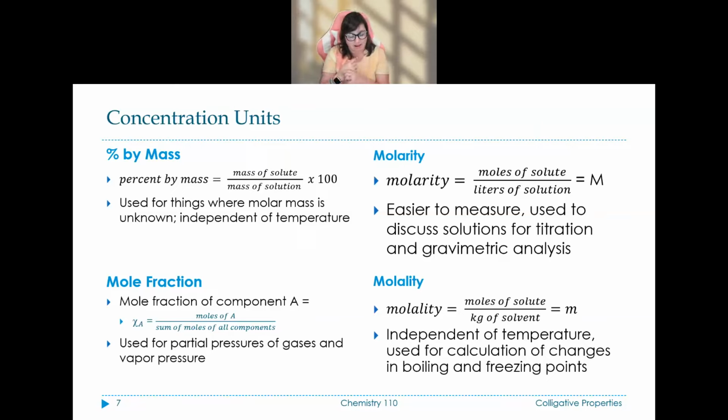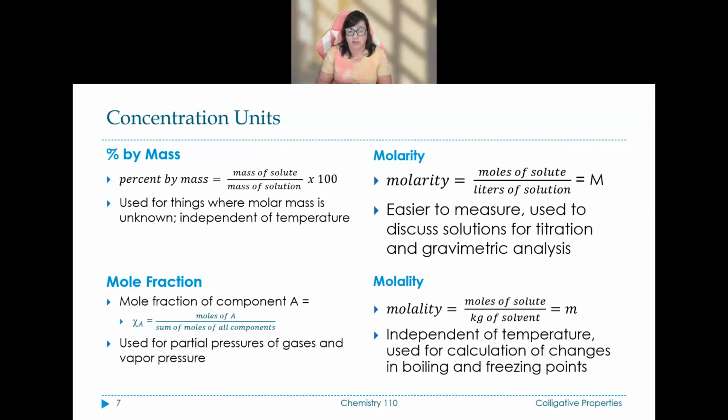It's symbolized by chi, and chi A is the mole fraction for A. We use that to look at partial pressures of gases and for vapor pressure. In both cases, we need to know how much of it is from this particular material, and therefore we can use that mole fraction multiplied by the total pressure to get a partial pressure, or to go from partial pressure to total pressure.